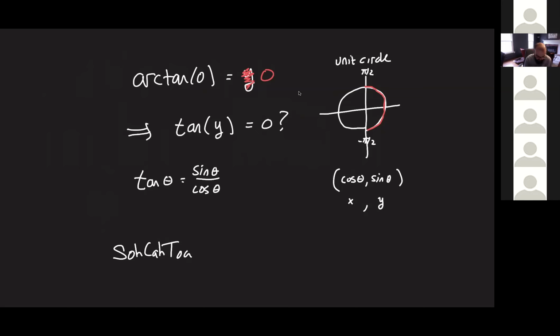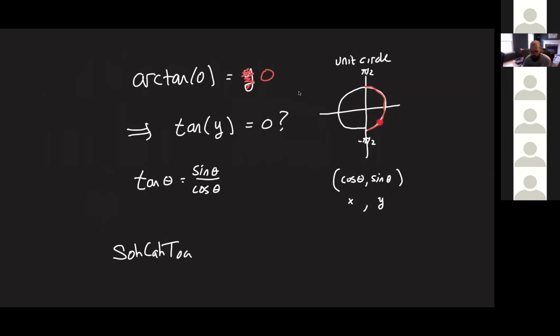So what I need to do is look around on my unit circle and ask, if I take the y coordinate and divide by the x coordinate, when am I going to get 0? I want the result of that to be 0.